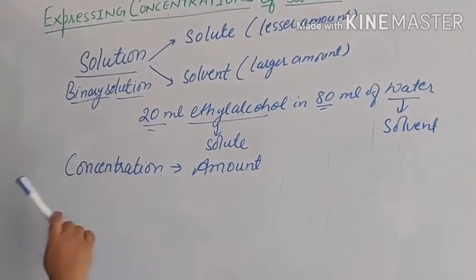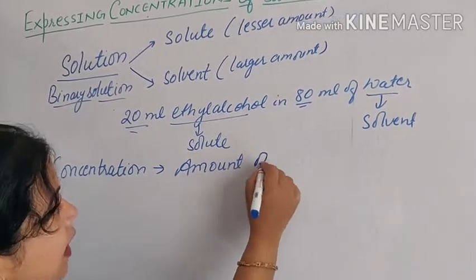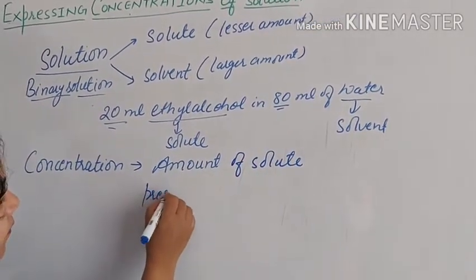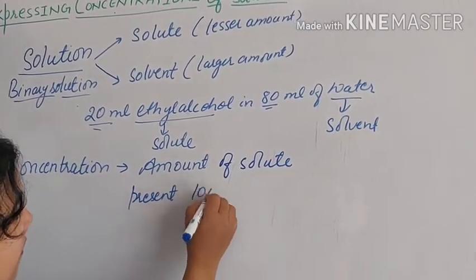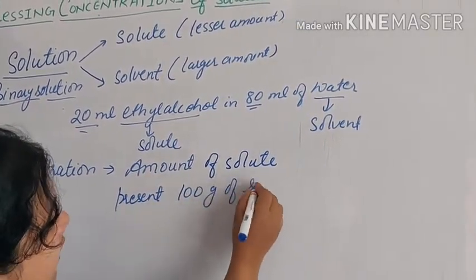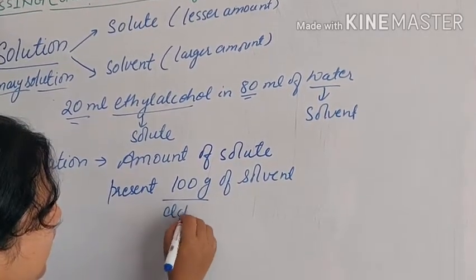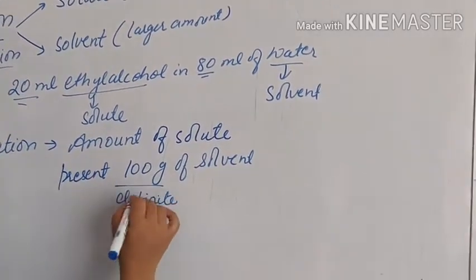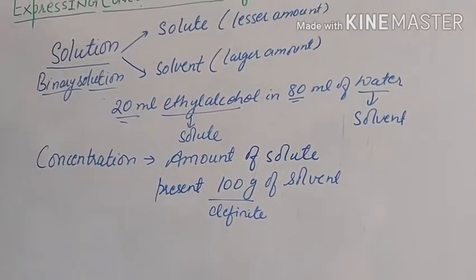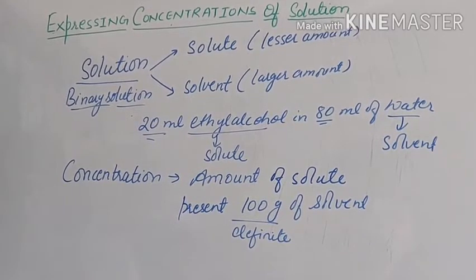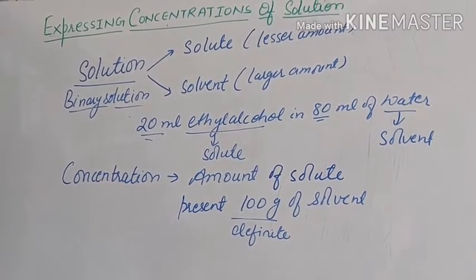So we can say concentration means amount of solute present in 100 gram of solvent, or we can also say present in a definite quantity of solvent. So we'll see now what are the different methods of expressing concentrations of solutions.